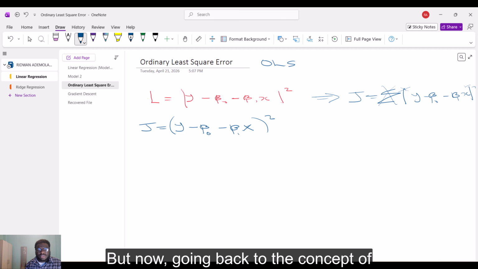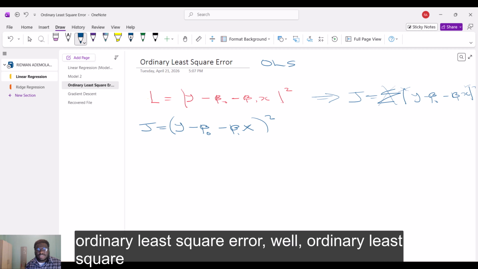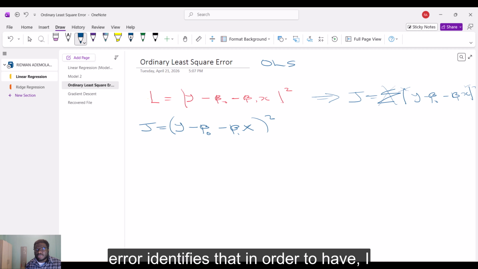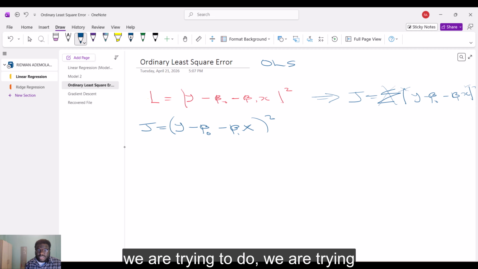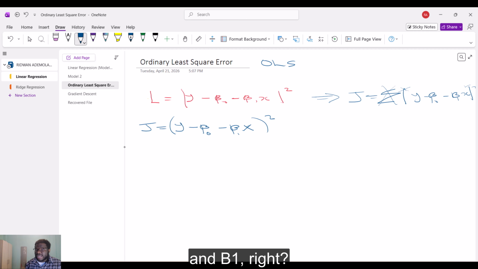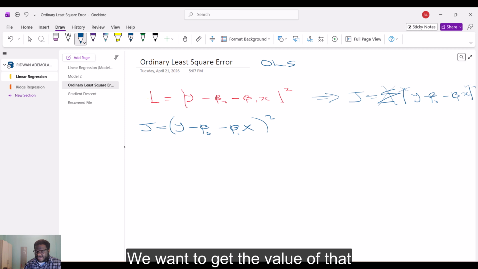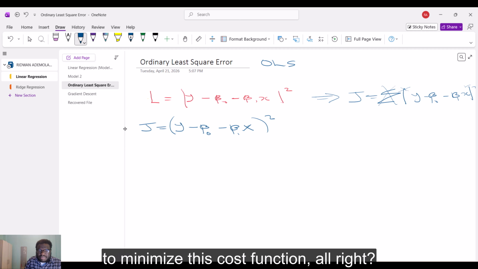But now, going back to the concept of ordinary least square error. What we are trying to do is look for the values of b naught and b1, but there is a clause. We want the values of b1 and b naught that will help us to minimize this cost function.